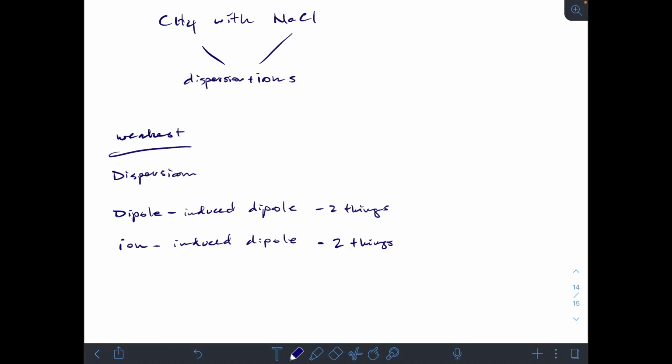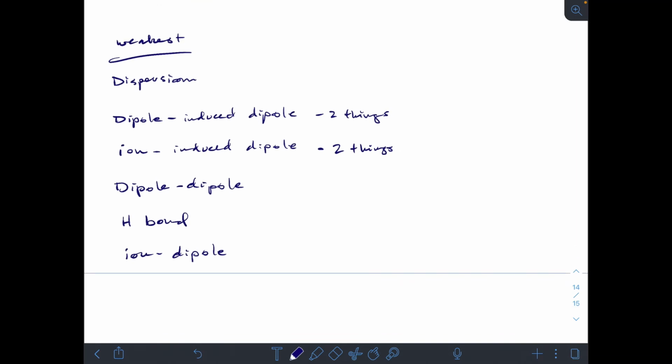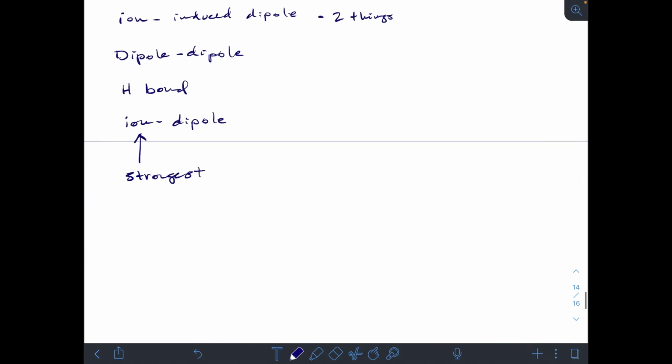Next, we have our pure dipole-dipole. Then we have our hydrogen bonding. And then we have our ion-dipole, and this is our strongest. Now we do have one more to talk about, and that's simple ionic forces.